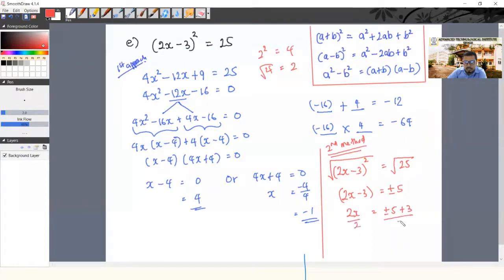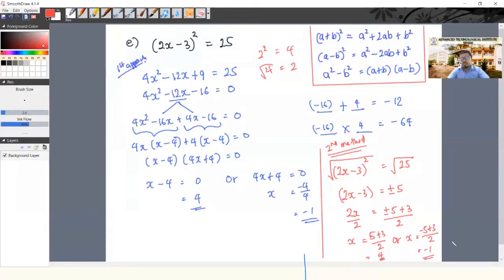Divide both sides by 2. Taking plus 5, x equals 8 over 2, which is 4, or x equals minus 5 plus 3 over 2, which is minus 2 over 2, that is minus 1.